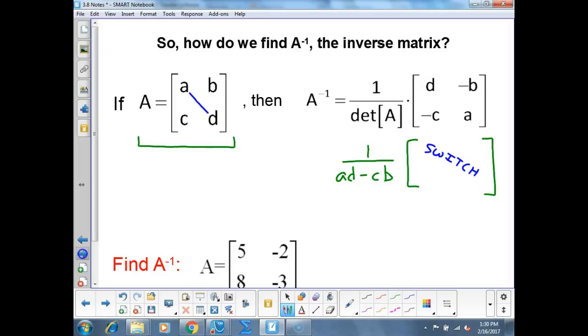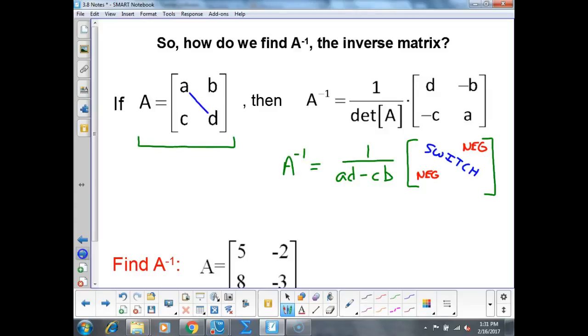So A goes down to the lower right, D goes back to the upper left. And then I'm going to make the other two be the opposite of what they are. I'm going to multiply them both by -1. And that gives me my inverse.